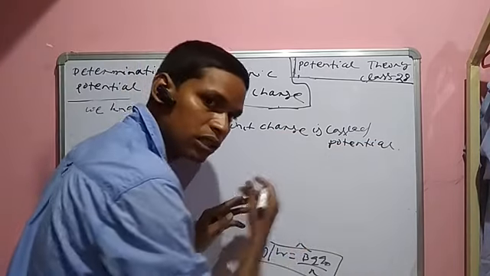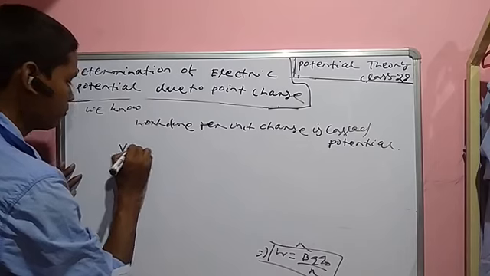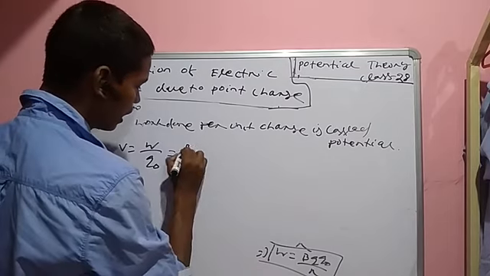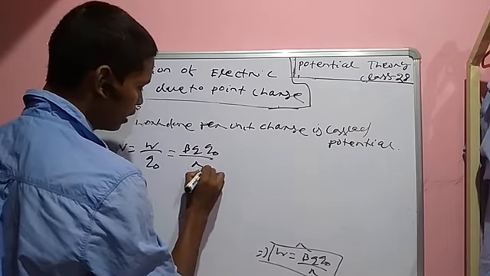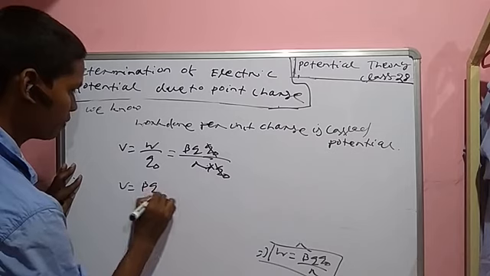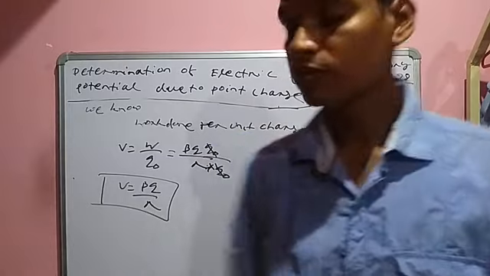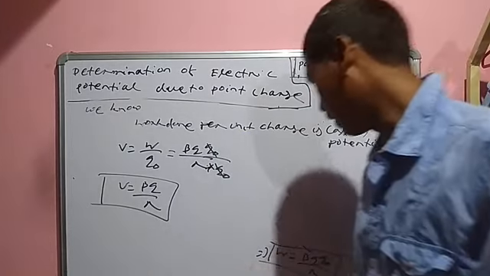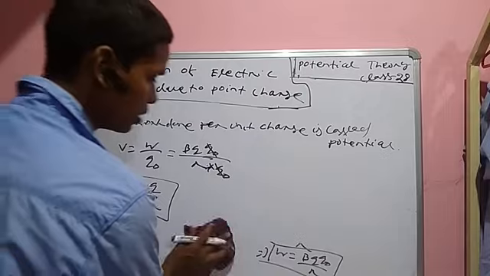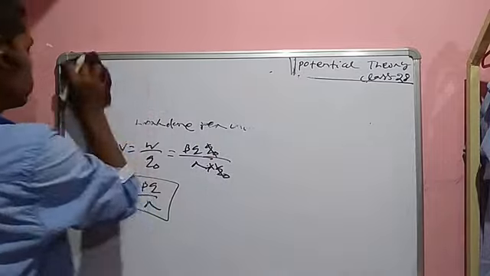So potential V is equal to W by q0, which is beta q0 by r divided by q0. The q0 cancels, so V is equal to beta Q by R. That is the formula of potential at point P. You have to write down some notes.